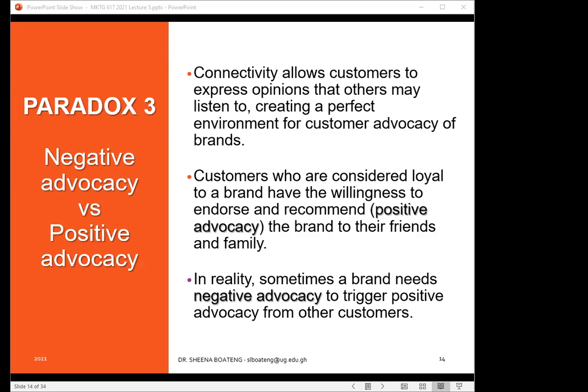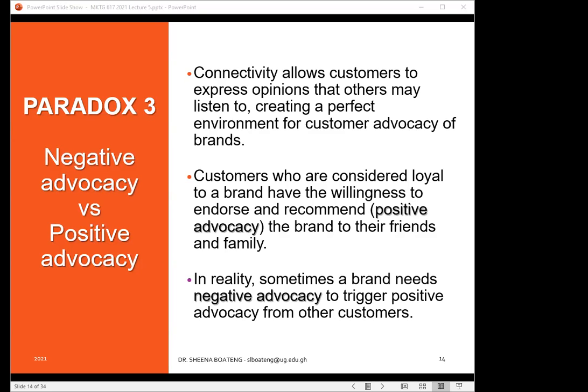Now here, when we talk about customer advocacy, most people's minds will go straight to the positive advocacy that promotes our brand and makes our brand look good in the eyes of all users, as well as prospective and current customers. But we should not just focus on positive advocacy, where we have users recommending and endorsing our brand to other users online, including their friends and family.